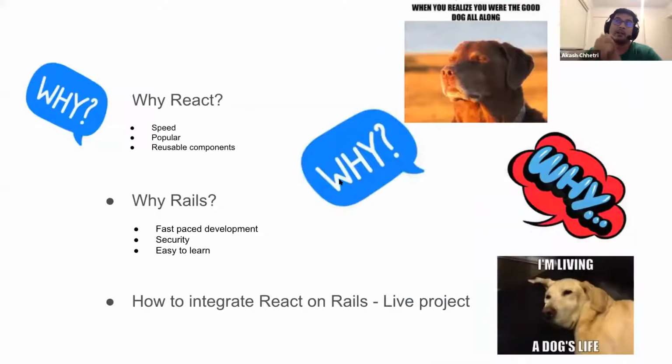So why React? It's a really powerful front end platform compared to normal HTML and CSS. And it's really speedy. It only affects the DOM which it needs to affect, which is why it's very fast.